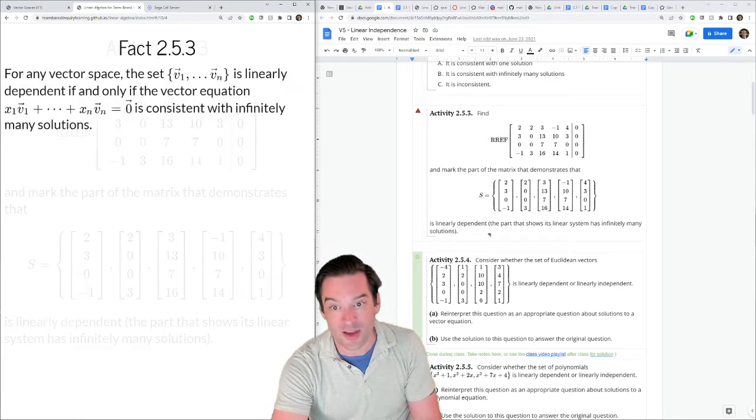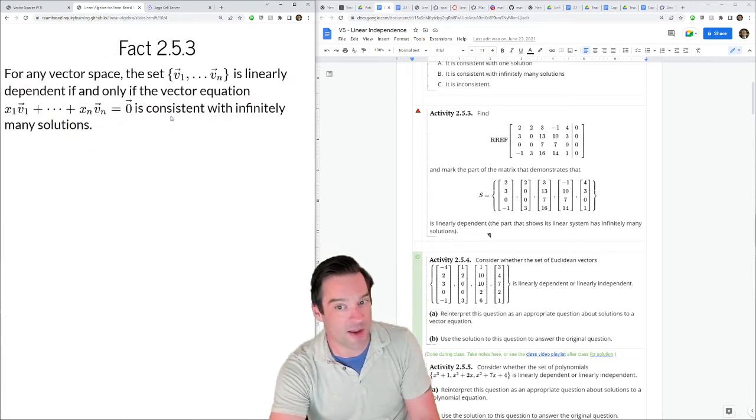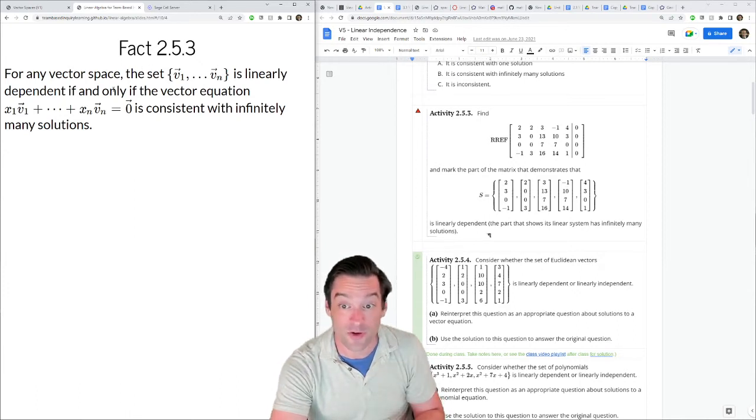And so if we take the converse of this, by the way, sorry, the contrapositive, this set of vectors is going to be linearly independent if and only if this vector equation is not consistent with infinitely many solutions. But it's always going to be consistent because the trivial solution always works. Right? The trivial linear combination always works. So this is never going to be an inconsistent vector equation.